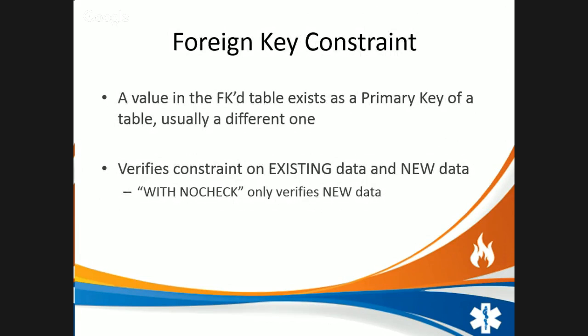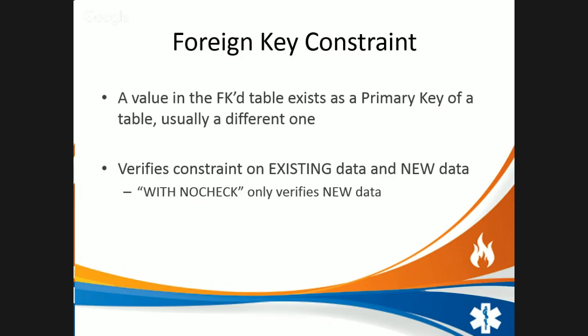Foreign key constraint, another very common one. It's when you have two tables and you want a value in the second table to always match a value in the first table. So the second table will be the foreign key table, and it references a primary key on that first table.